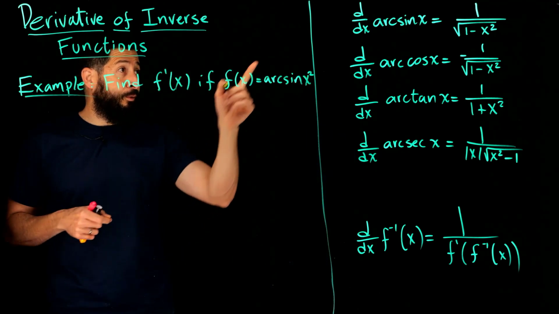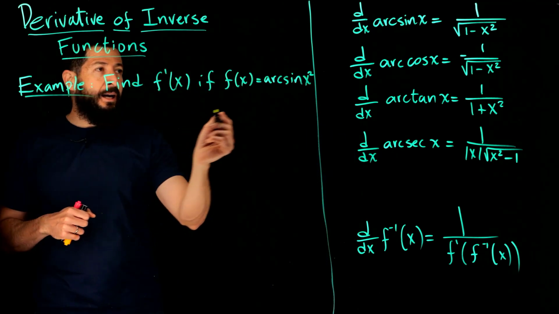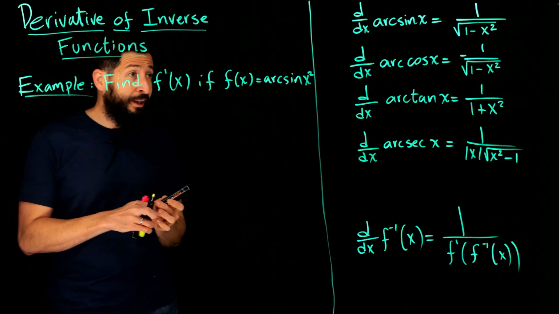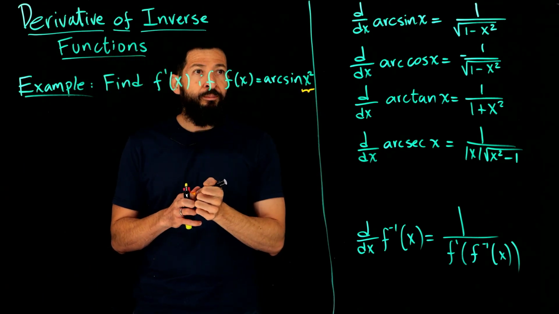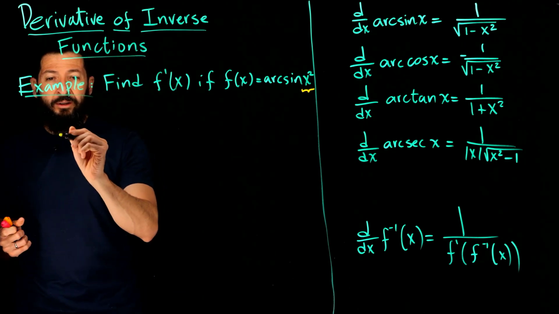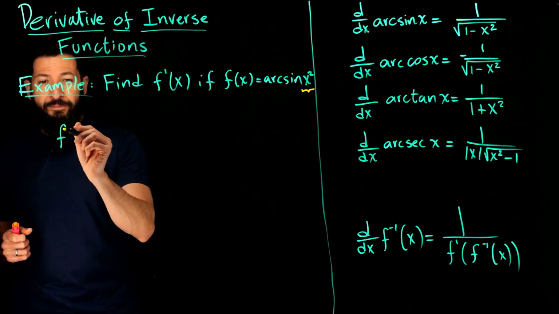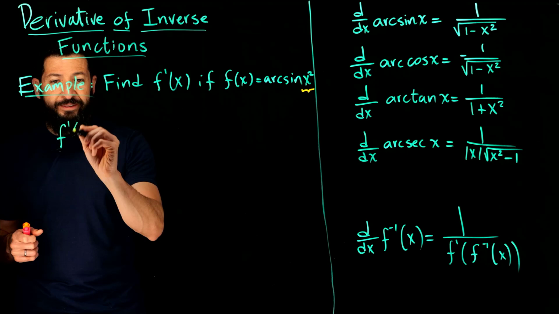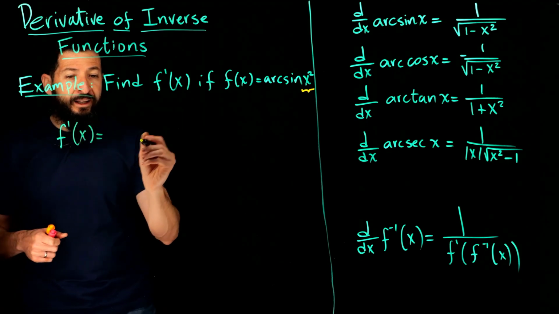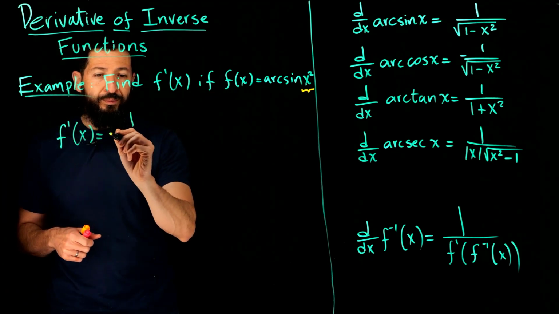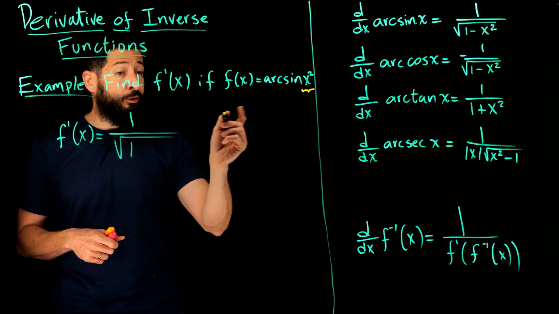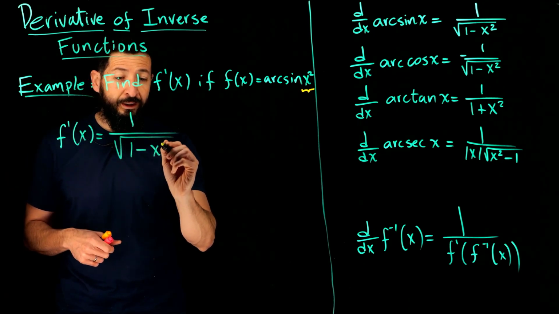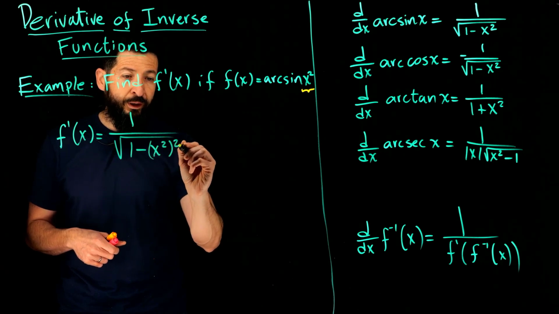Alright, so from our formula there, notice that we don't have just x, we have x squared. So we have to do a chain rule. So what we're going to do is write the derivative of f as 1 over the square root of 1 minus, and instead of x, I'm going to be plugging x squared, so it's going to be x squared, squared.